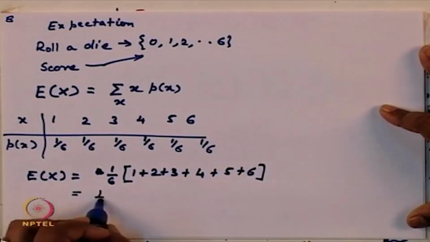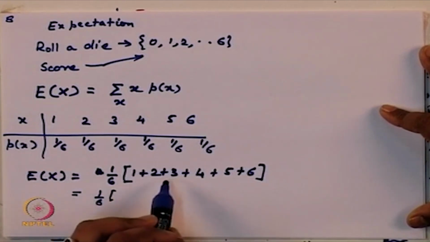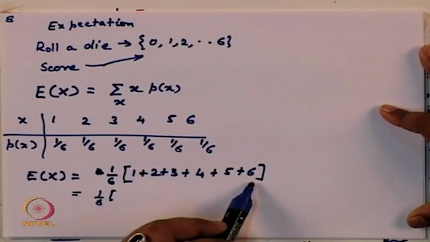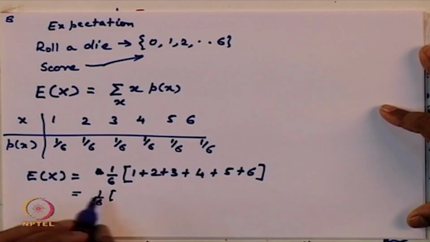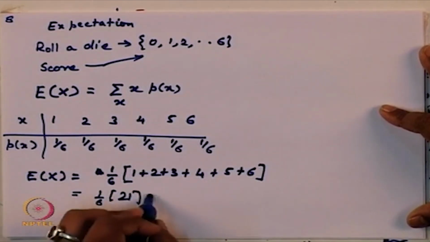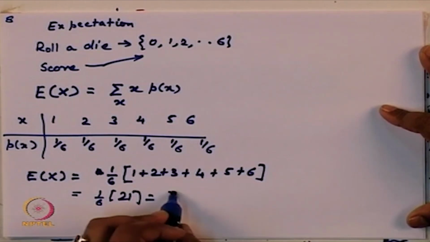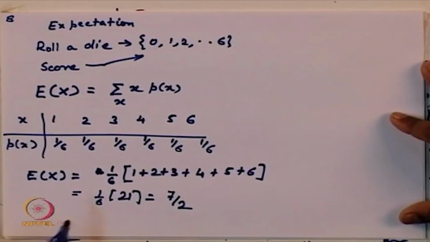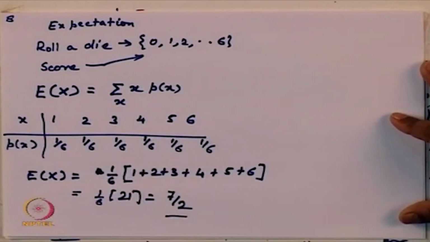So, what value do I get? 3, 6, 10, 15, 21. 21 by 6 I can simplify, it comes to 7 by 2. If you look at your values of x, what is this value 7 by 2?